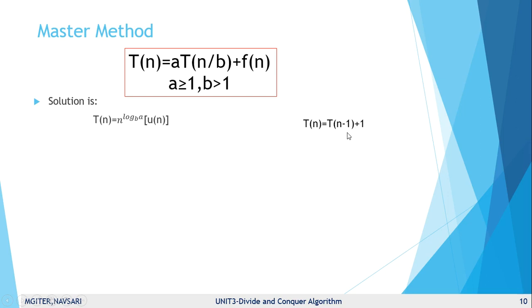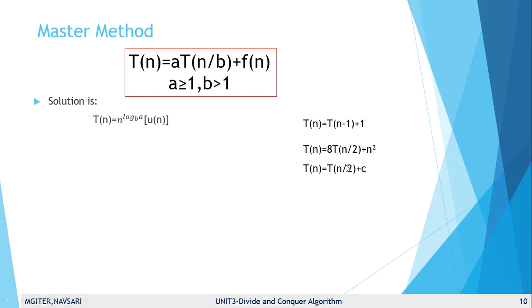So b greater than 1 is not satisfied. So when this type of problem is given, then we do not apply the master method. But when this type of problem is given, then we apply the master method because the value of a is 8 and the value of b is equal to 2, which is greater than 1.